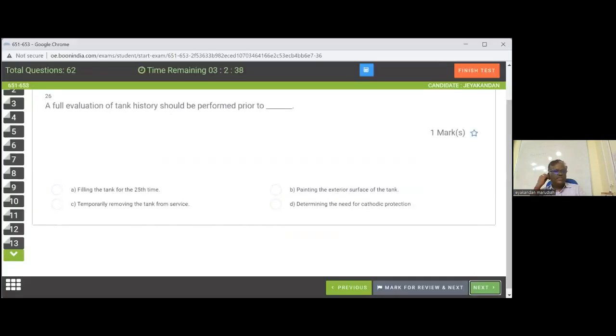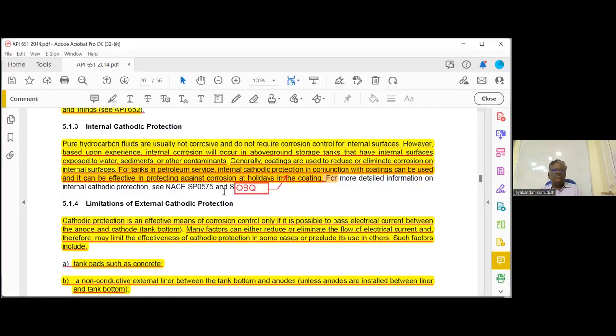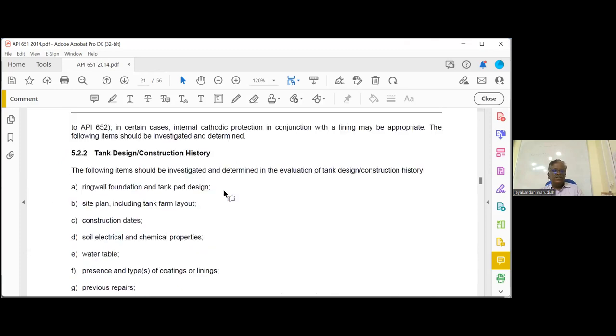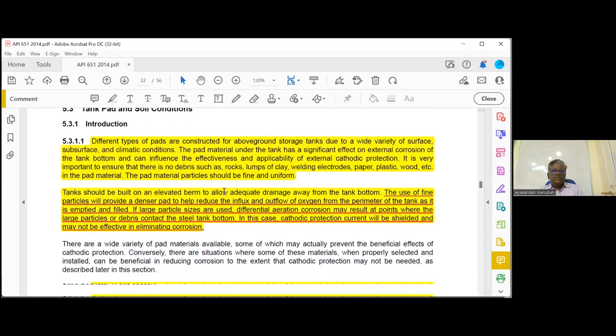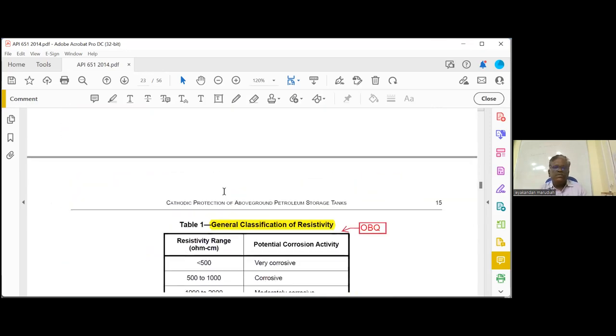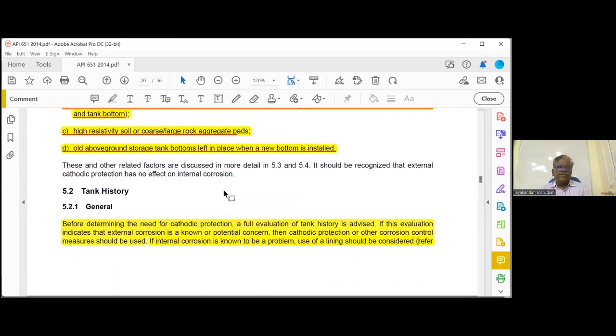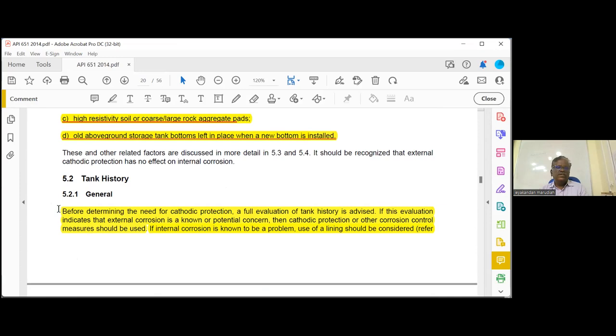Next. Evaluation of tank history should be performed prior to determining the need for cathodic protection. A full evaluation of tank history is to be performed prior to determining the need for cathodic protection. Where is it given? Here, 2.1 general. Before determining the need for cathodic protection, a full evaluation of tank history is advised.